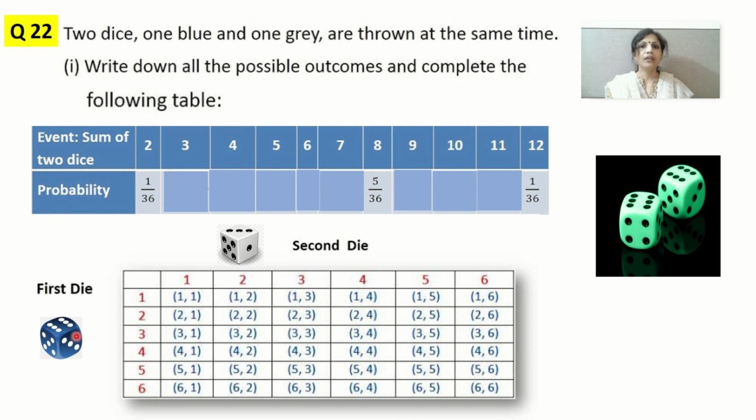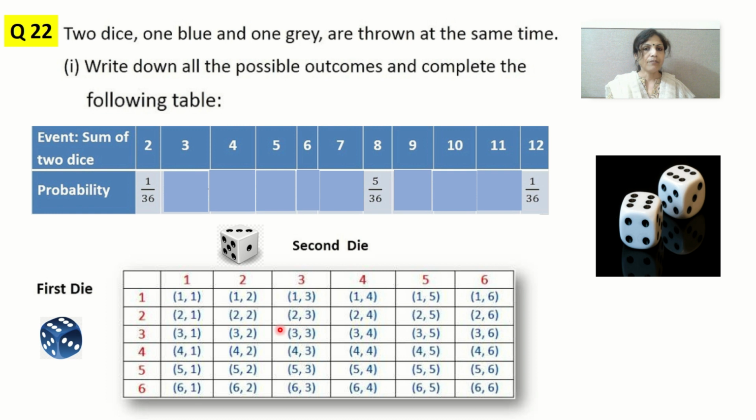And when you are throwing both the dice together, what are the outcomes we will get? 1, 1. Maybe both the dice may have 1, 1. Second possibility is 1 and the other die may have 2. Third possibility is first die will still have 1 and the second die will have 3. Then 1, 4, 1, 5 and 1, 6.